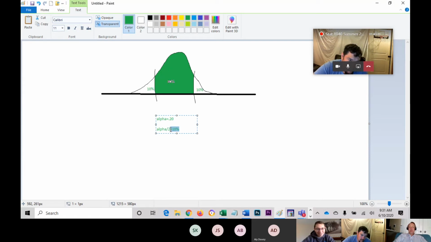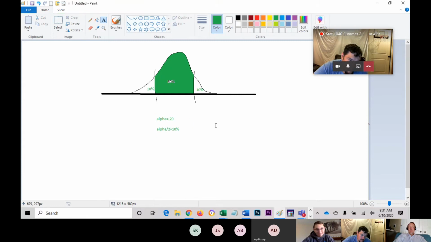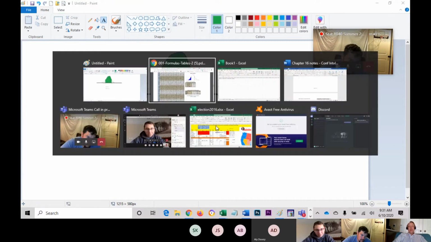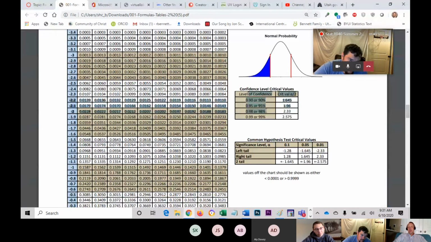That's important information. Because I don't have 80% on my chart here, I have to use this big chart over here, and I have to find 10%. So this is 1, 2, 3, 4, 5. Where's 10% here? That number right there, that is 10%.